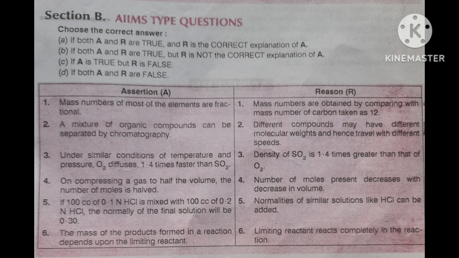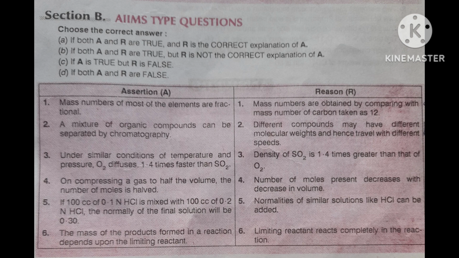Here the correct answer will be D. What is D? Both A and R, assertion and reasoning, are false. Both statements are false. You should know why both statements are wrong. The assertion is wrong and R is also wrong.